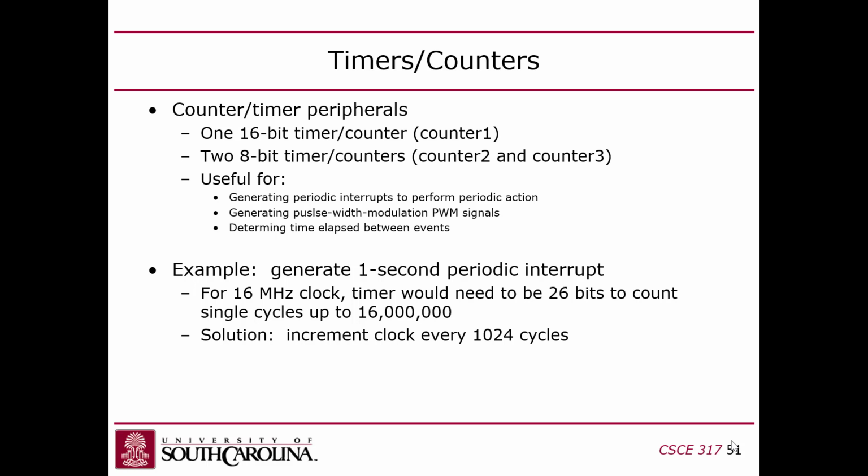The problem with the timers is that there are 3 timers. They can count up or count down, but one of them is 16 bits and the other 2 are 8 bits, which is problematic because if you're counting every cycle, you're going to fill up an 8-bit counter in a really small amount of time. Same with a 16-bit counter. But there are ways you can get around that, which I'll show you.